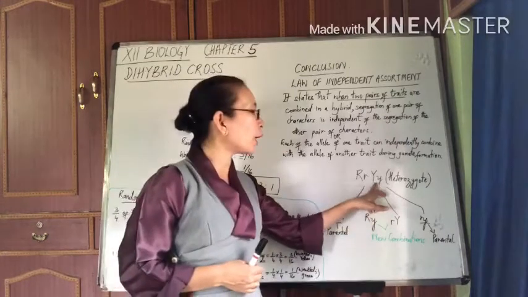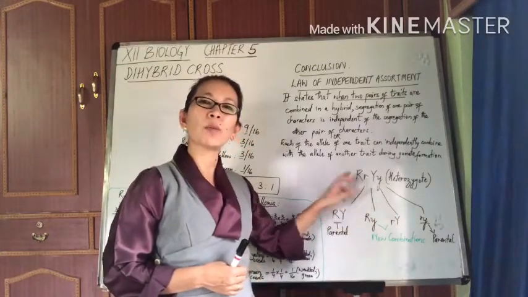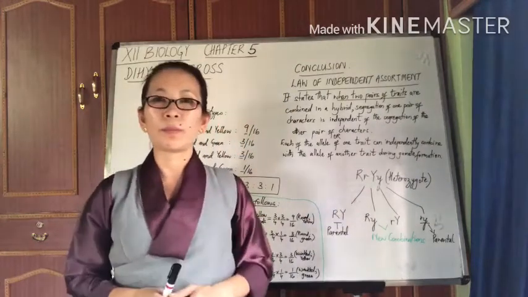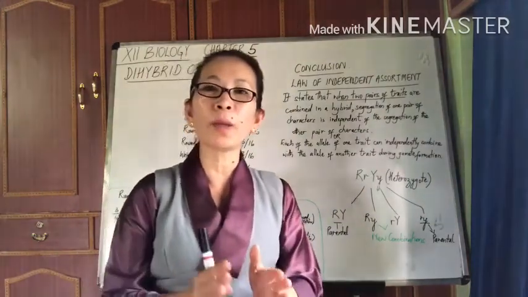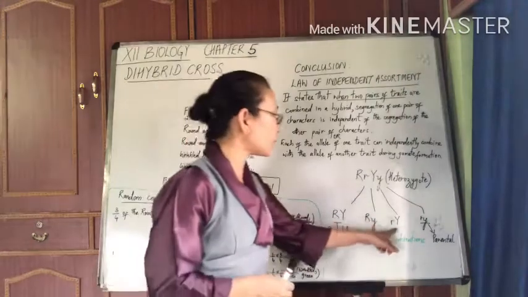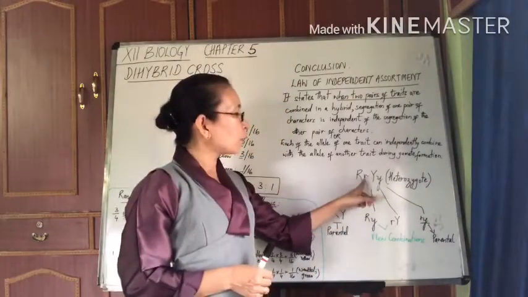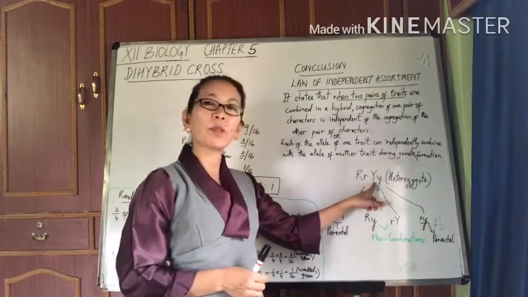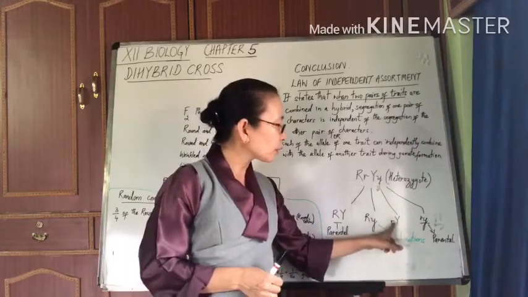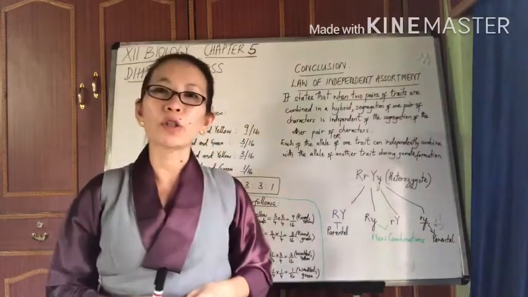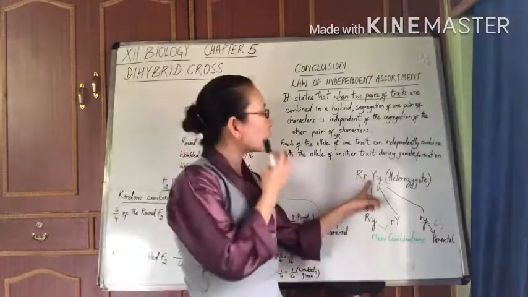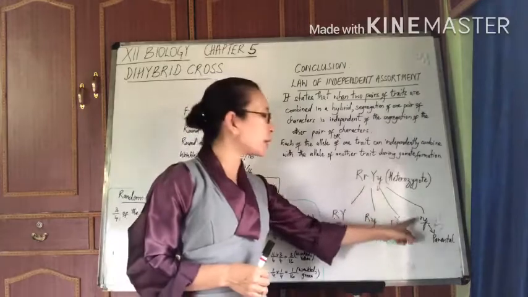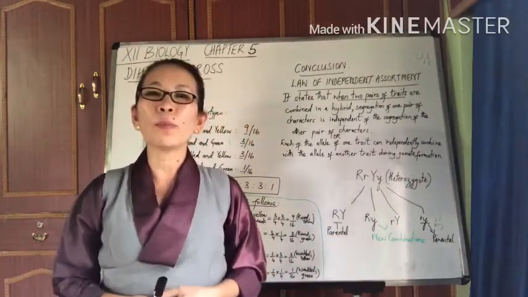Capital Y need not always combine with capital R; it can also combine with small r, that is, yellow can also combine with wrinkled. So we have small r, wrinkled, combining with capital Y and forming a wrinkled yellow combination of gamete. And this small r can equally combine with small y, resulting in a wrinkled green combination in the gametes.